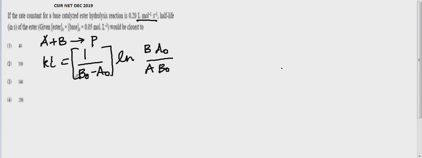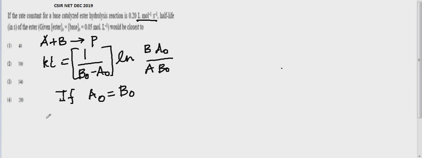If the concentration of A naught is equal to B naught, we can apply the second order rate constant equation.